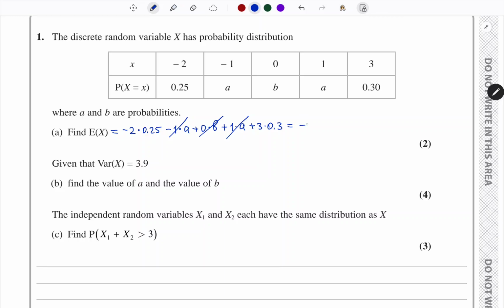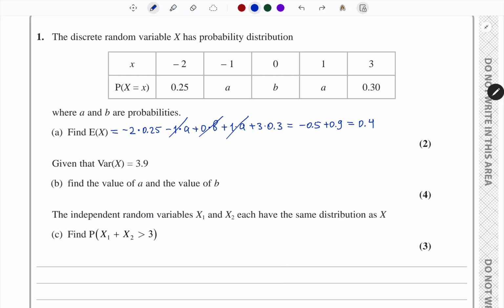And it's 0.5 with a negative sign plus 0.9, which results in 0.4. That's it. So maybe you were threatened by the fact that you don't know a, b, but we can find the expected value even if you don't know a and b.